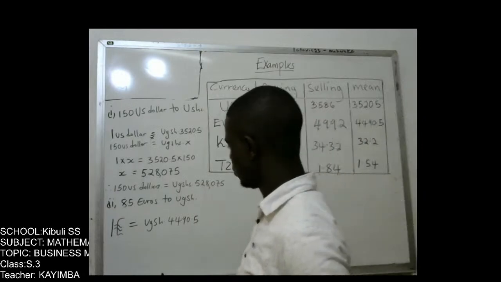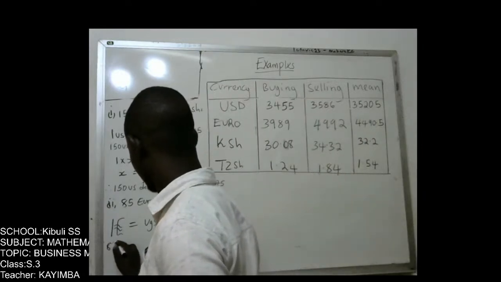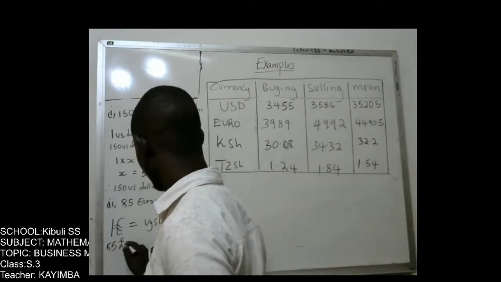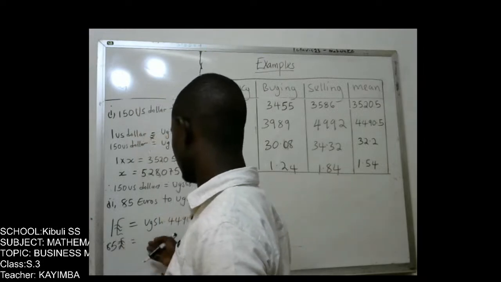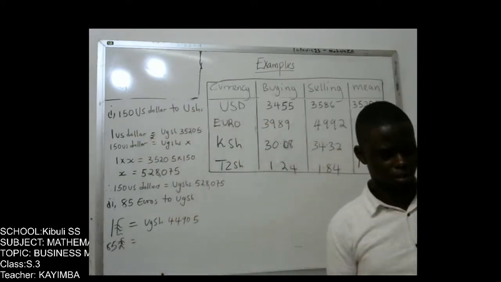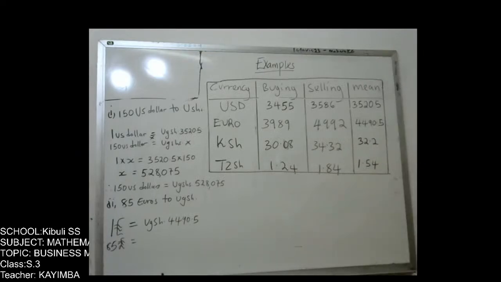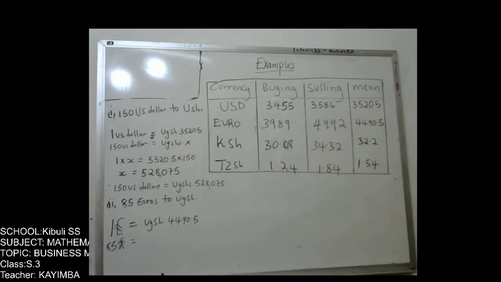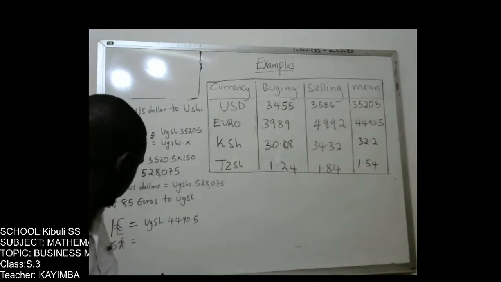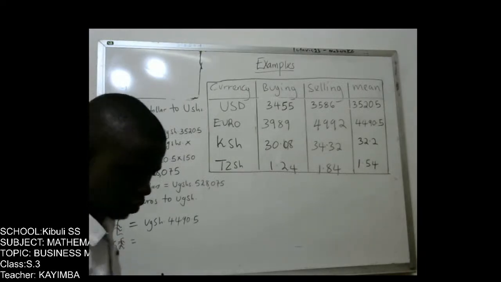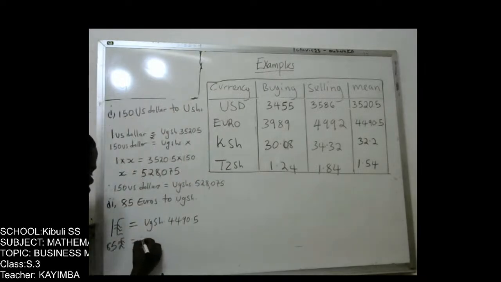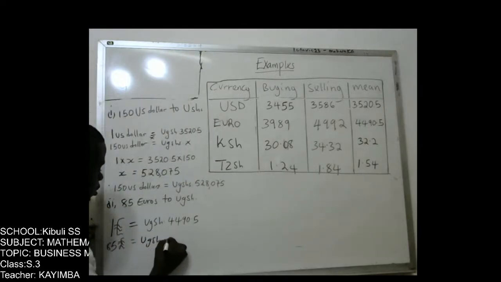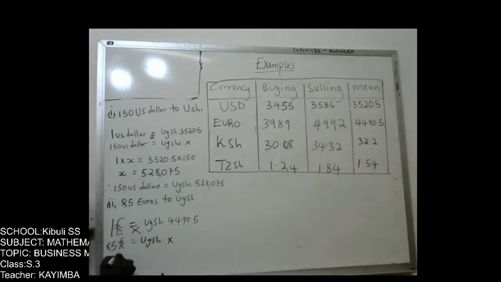Then how many euros are we changing? But you people, I think you can do these things. Not so? You convert this for me. That is very simple. Just cross multiplication and you do the needful. You have to tell me what you've got. 1 euro is equal to 4490.5 Ugandan shillings, 85 euros is equal to X. Then you cross multiply.